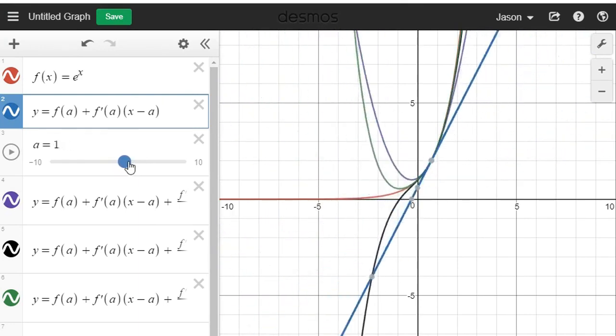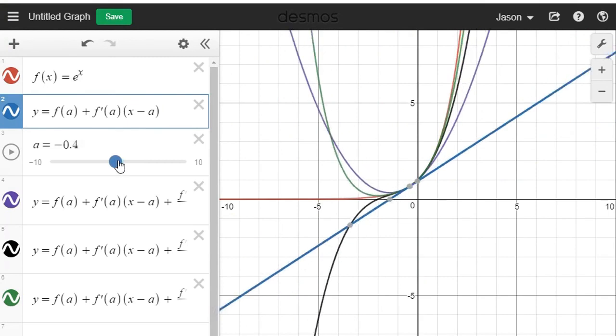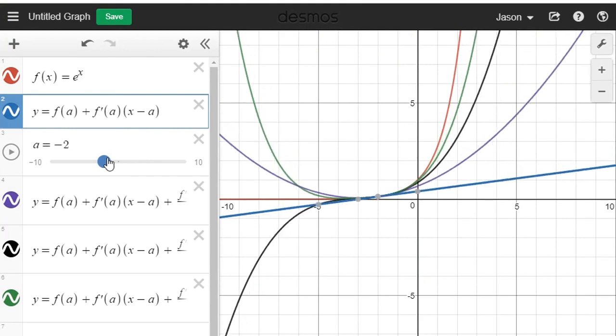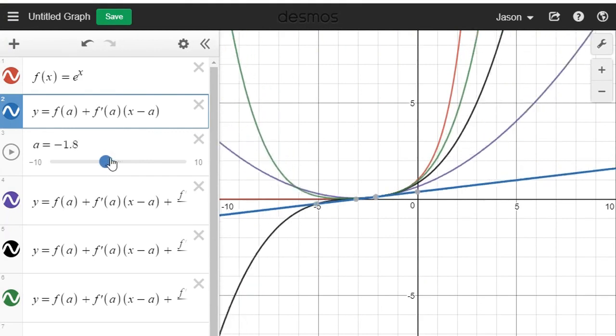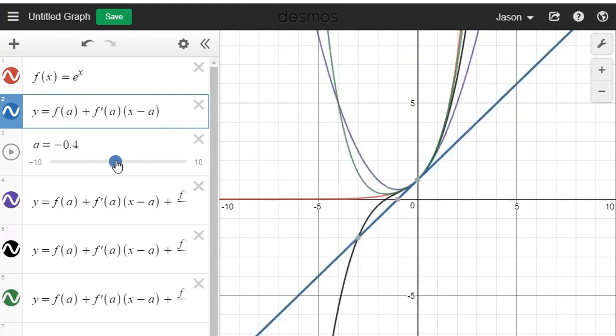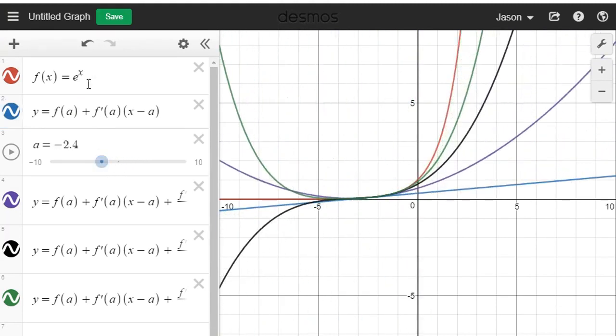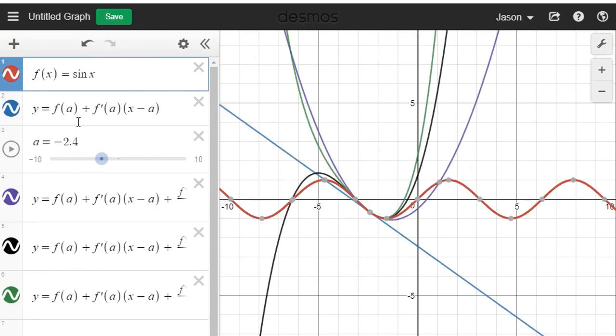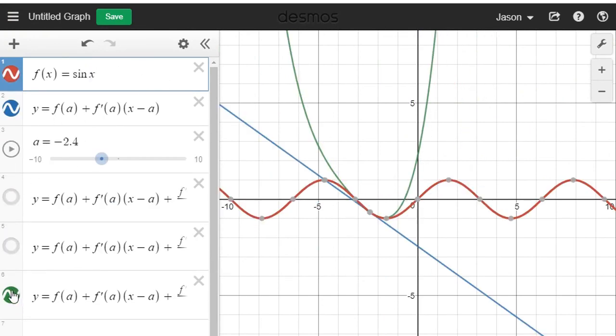So anywhere they are centered around this function, you get pretty good approximations around the center, but then obviously they get worse and worse as you move along from the original function. And we can do this for a variety of different functions. So like we already showed, we can do a linearization at sine, which is good around wherever our center is.